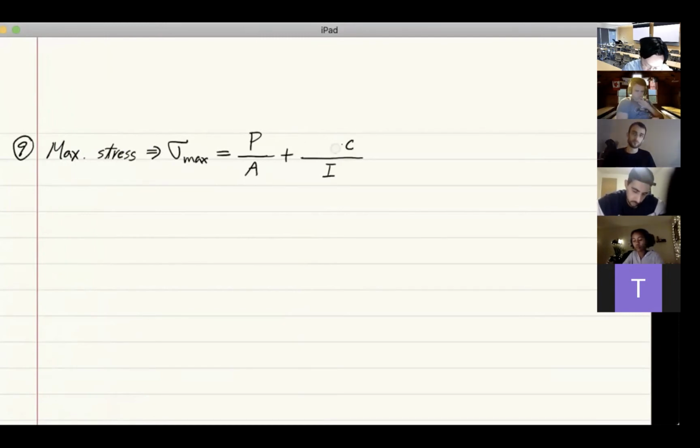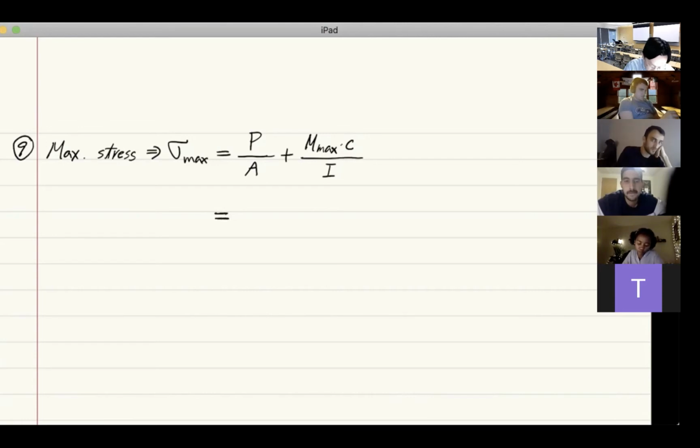You must have seen this before, correct? Okay. All right, then, so we can just plug everything in. Then we can find out what the maximum stress is.